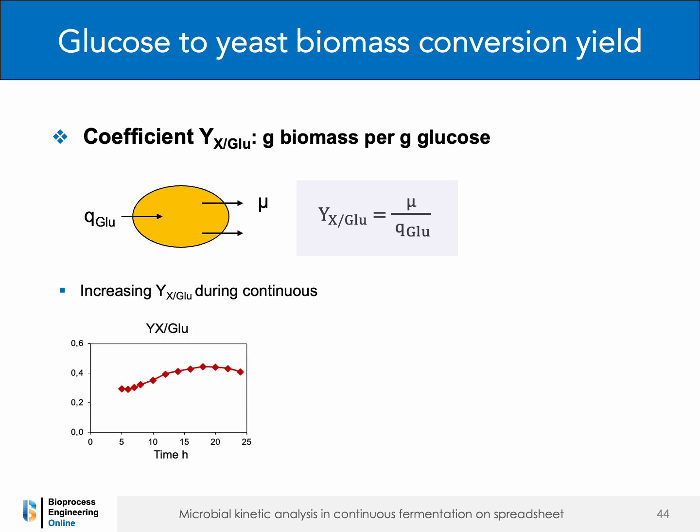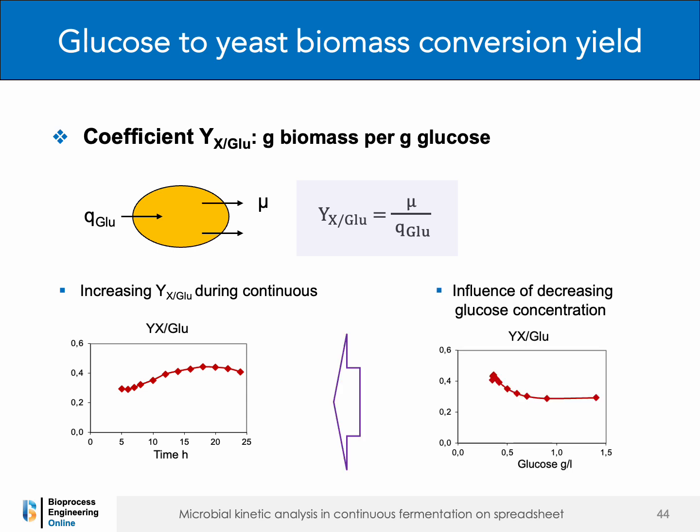During continuous fermentation, Y_X/glu increases from approximately 0.2 to 0.45. This increase in Y_X/glu correlates with the progressive decrease in glucose concentration observed during the continuous phase. Prolonged glucose limitation enhances the efficiency of glucose conversion into biomass.